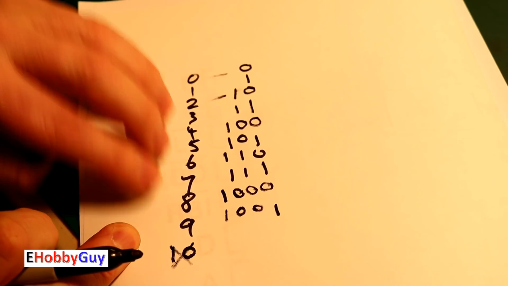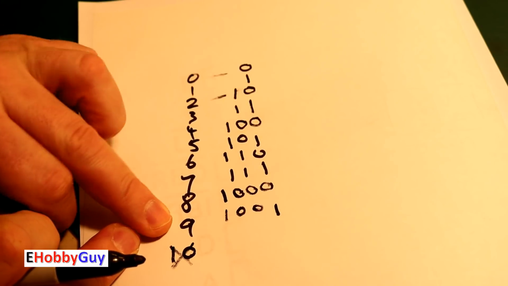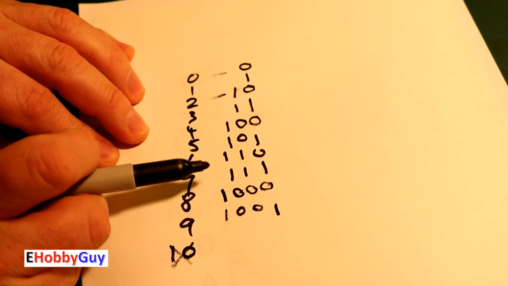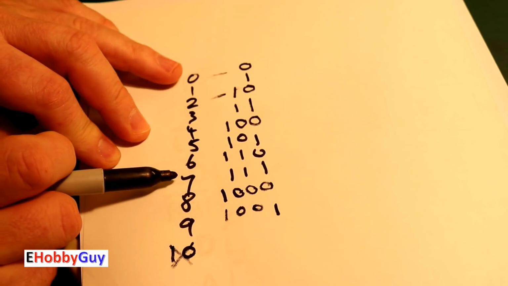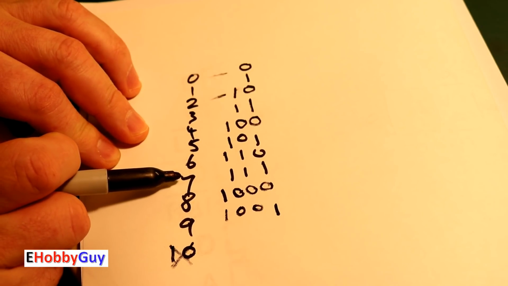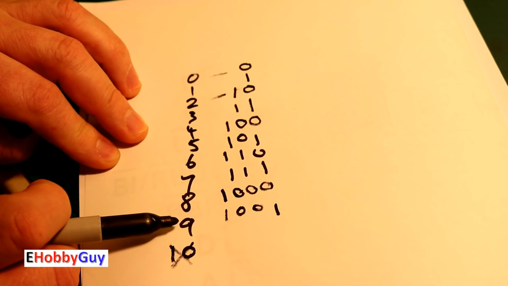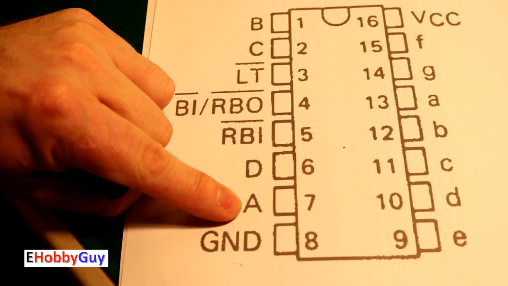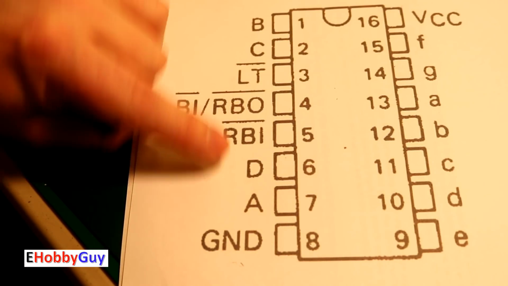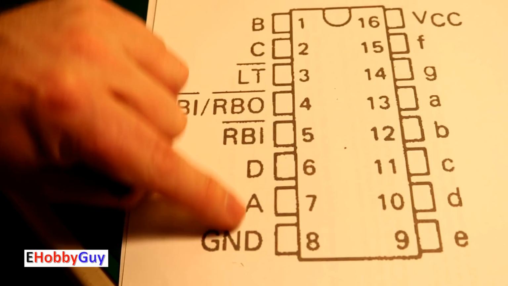That's 10 digits, 0 to 9. So just to restate, if we only had 3 binary inputs, we would only get up from 0 to 7. We'd only get 8 digits. I want a total of 10, and so that's why we add the 4 digits. Looking back here, just to recap, that's why we have 1, 2, 3, 4 input digits that are binary.